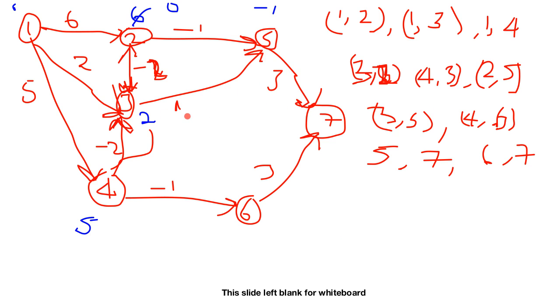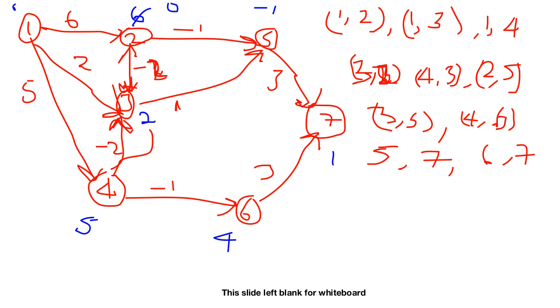So this is 2 plus 1, that is 3, so you retain negative 1. 4 to 6, this becomes 4. And 4 to 3, this becomes 1. This minus that becomes 2, so it is retained the same. So this one we will not change. 2 minus 1, it retains as that. So in this case, we have gone through the first path.